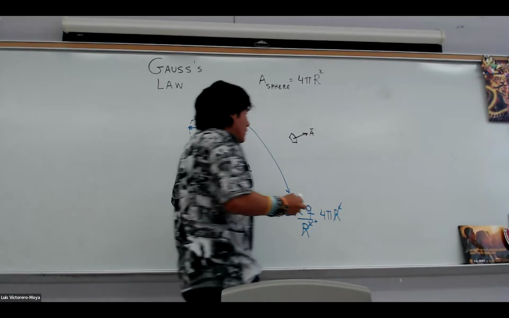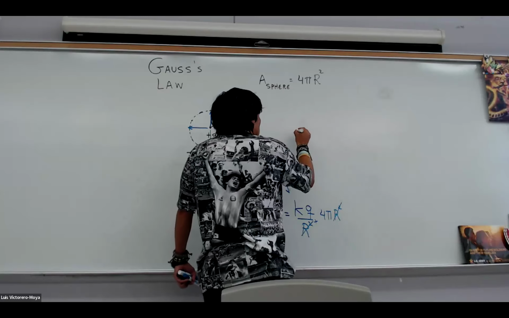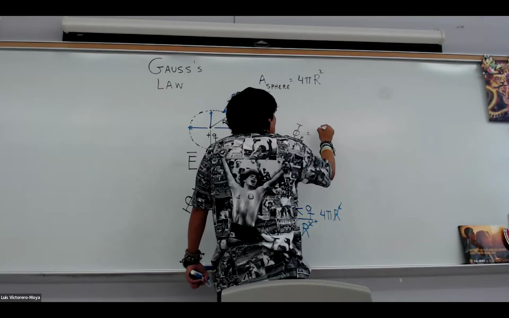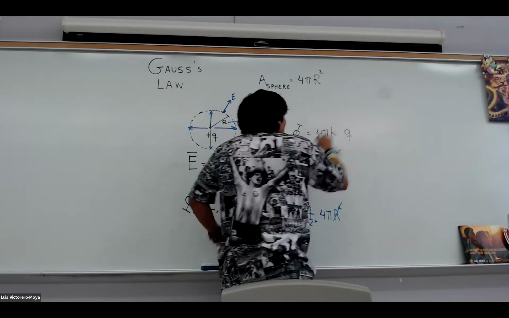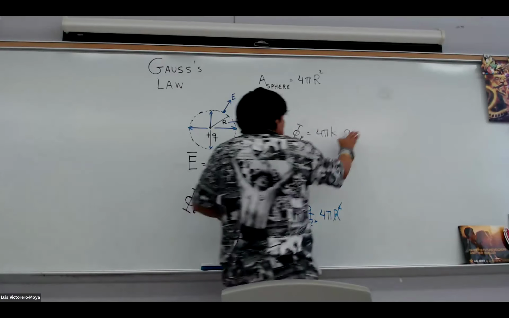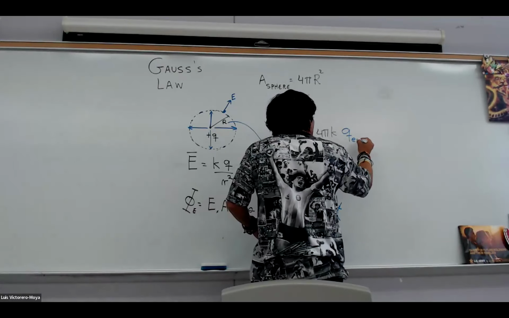So the electric flux is 4 pi k cubed. And we call that Q the enclosed charge. So Q enclosed.